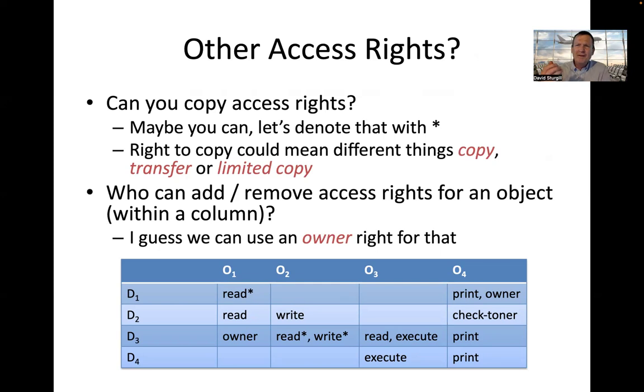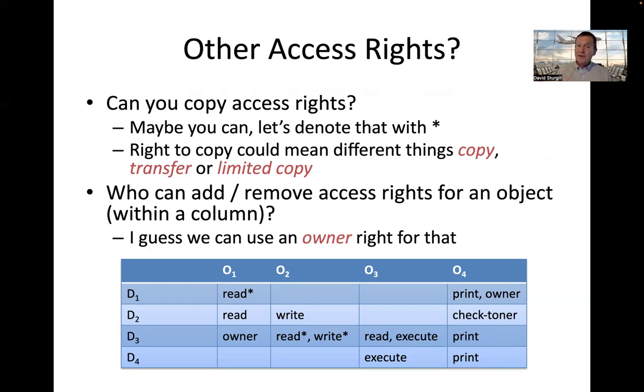So we talked about one way we could store that. We could mark access rights. Here we're just using a star to say whether you had that right or you had the ability to give other users or other domains that right. And this could work, but often we avoid this mechanism for giving away rights.